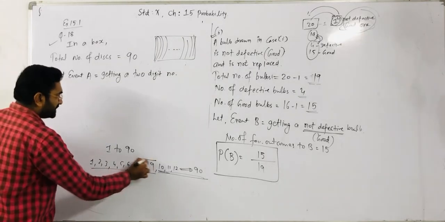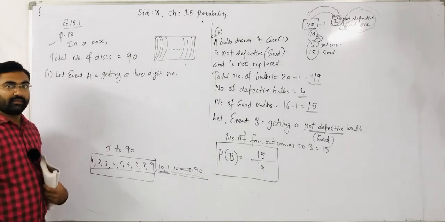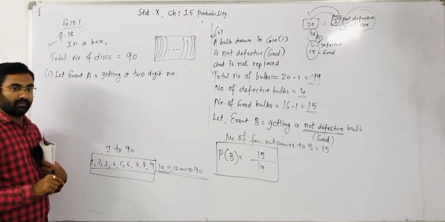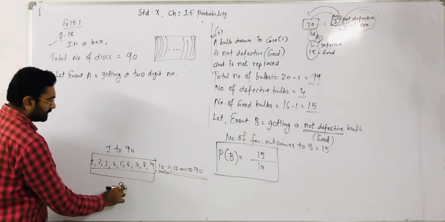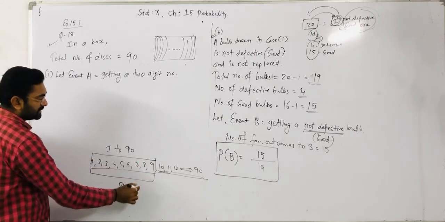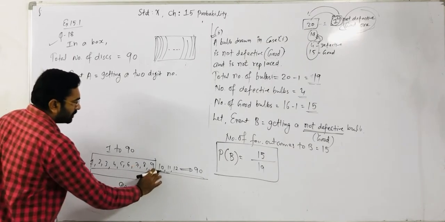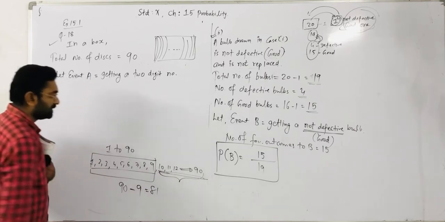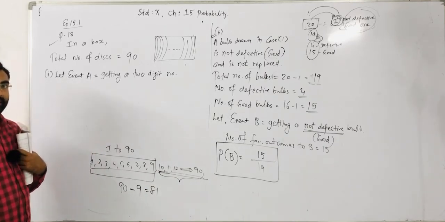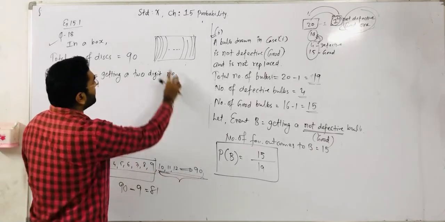So how many 1-digit discs? Total 9 discs have a 1-digit number. So from the 90, we subtract those 9 numbers, and we get all the remaining numbers, which are 2-digit numbers. So how many 2-digit number discs do we get? 81. Clear?